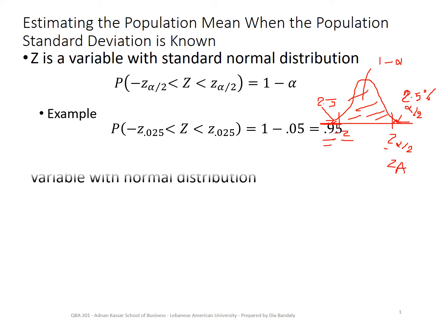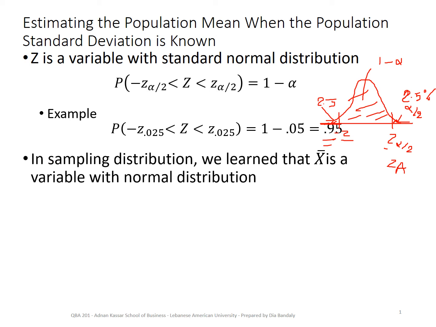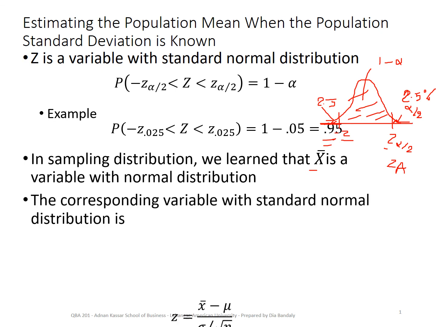We have also learned in the sampling distribution that X bar is a variable that follows a normal distribution. Which means, as I can do with any variable that has a normal distribution, I can standardize X bar. This is what we were doing to find the probability in a sampling distribution.